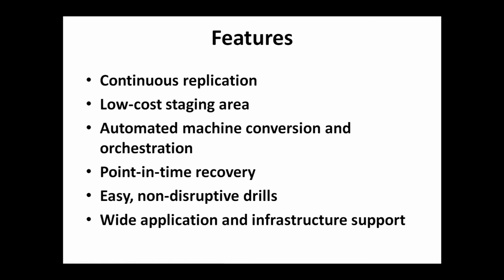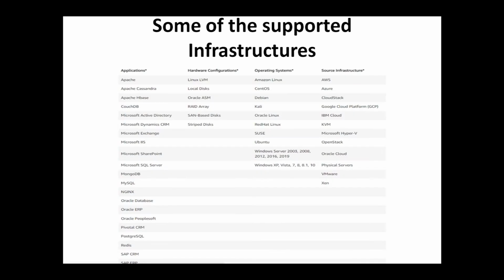It provides automated machine conversion and orchestration, point in time recovery, and easy non-disruptive drills, which we will also come to know as we proceed with our course. It has wide application and infrastructure support. So it can migrate from any source. It supports a wide range of operating system, application and database support, which you can see from here.